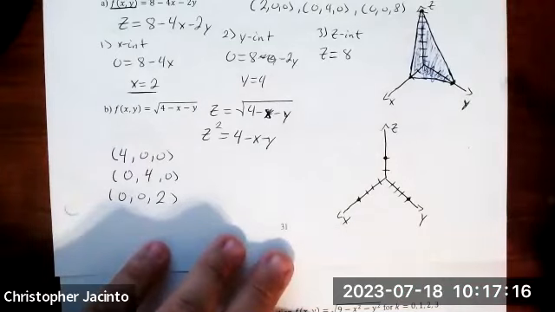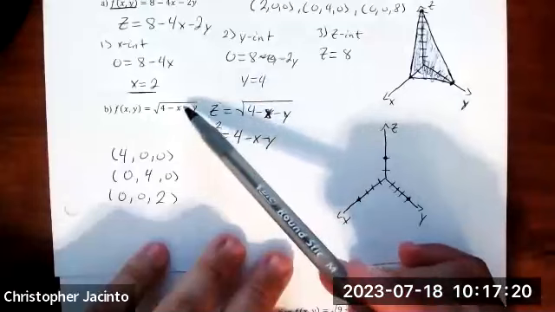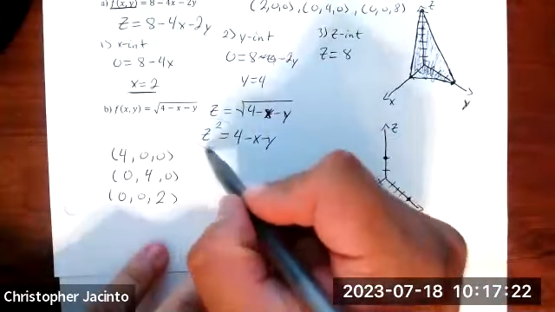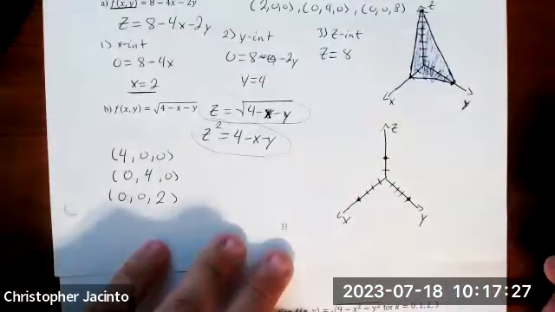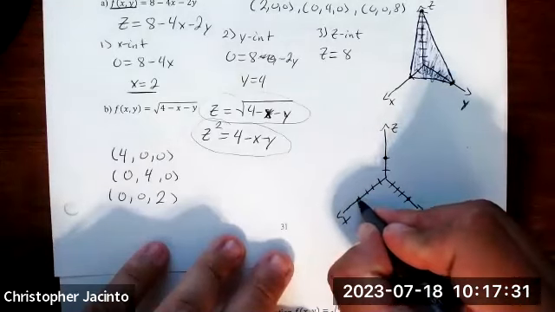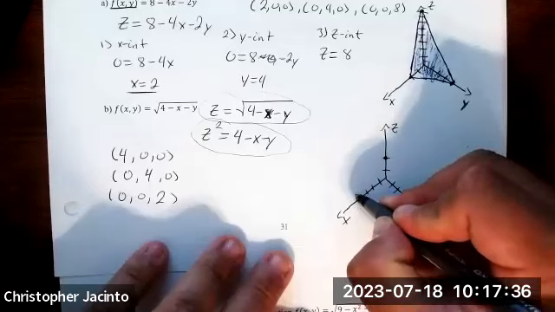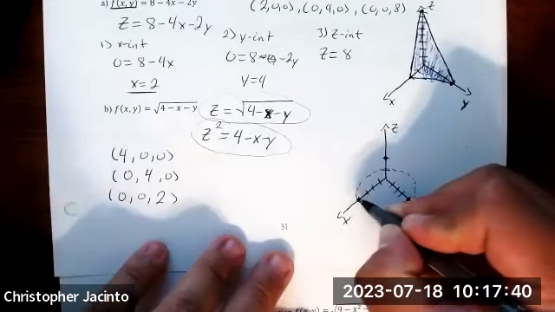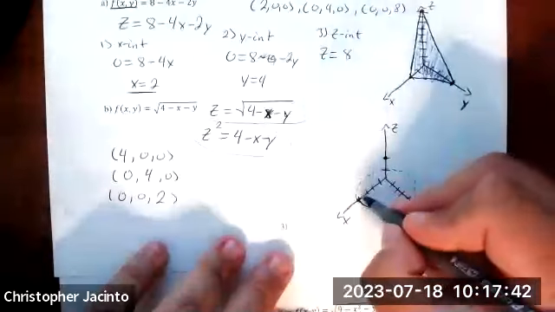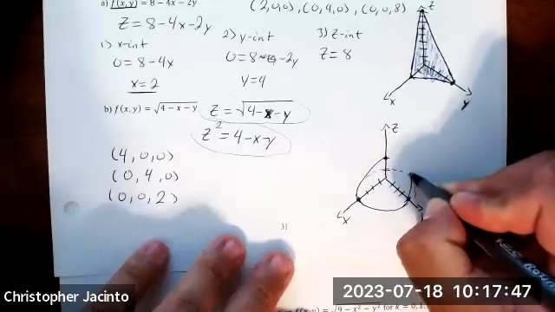Now, if anybody remembers back a couple portions, this is a circle. In fact, this is a half circle, or a hemisphere, you want to call it that, right? So this actually looks like this, where the height of this hemisphere is up to 2.